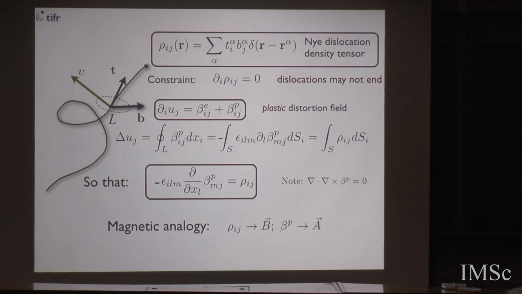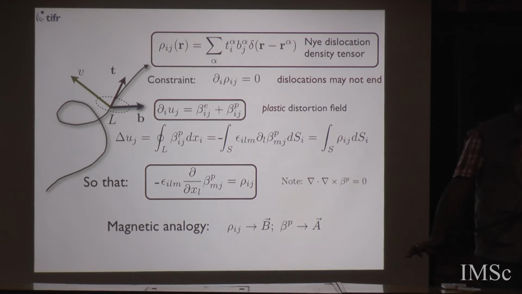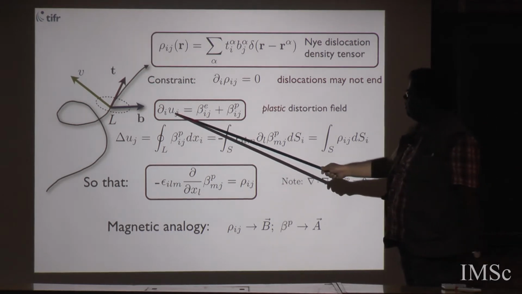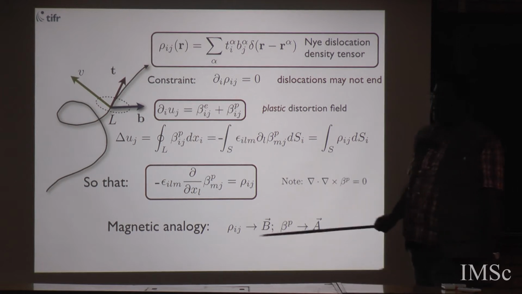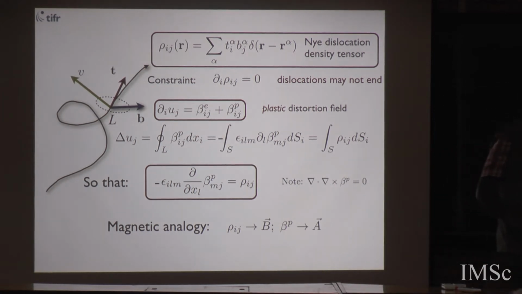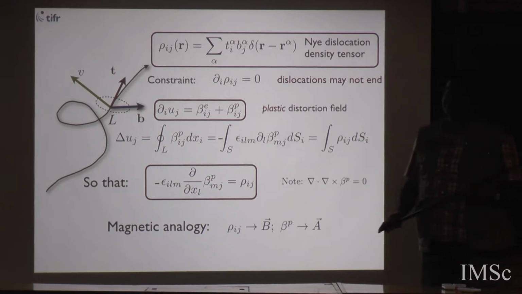Okay. So now we could work with the dislocation density tensor, but it turns out that it is easier to work with another quantity, and that is known as the plastic distortion field. So how do you define the plastic distortion field? Suppose you look at the total deformation gradient. So ui is the displacement, and you look at the total deformation, that is the gradient of the displacement.